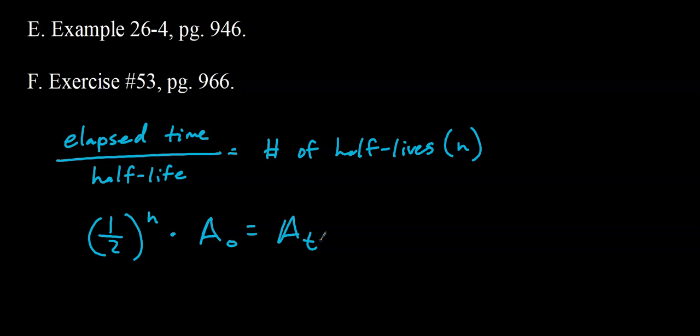And when you don't have a whole number of half-lives, that means you're going to have to use logs to solve this, which is fine. You can use log base 10, or you can use the integrated rate equation that I just showed you.